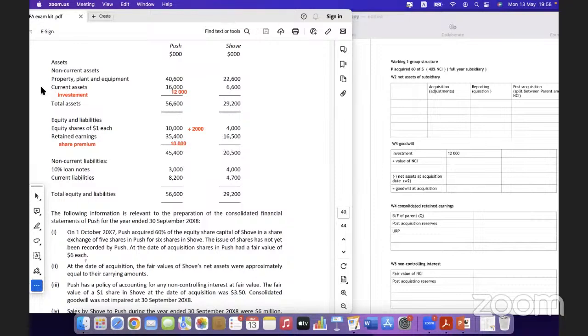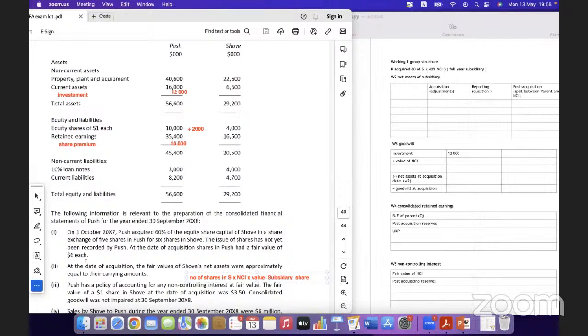So when the NCI value is not given, you can use this formula to get the answer. What's the formula? Number of shares in subsidiary multiplied by NCI percentage, multiplied by value of the subsidiary share price. Value of the subsidiary share.